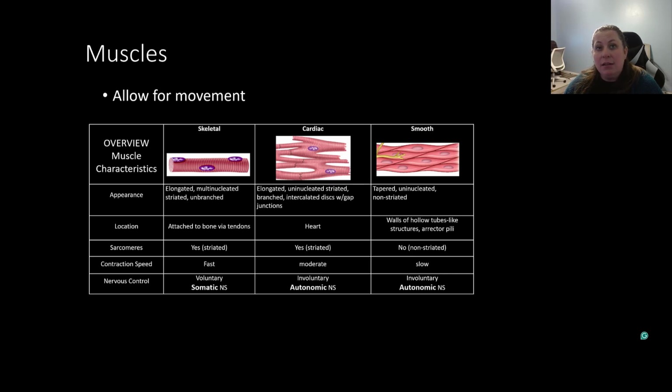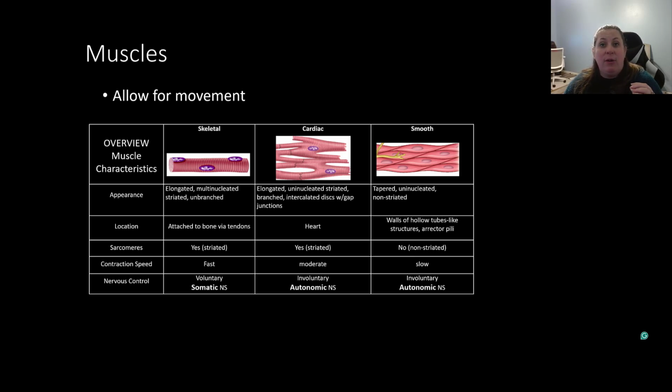Cardiac muscle, on the other hand, is also elongated, but cardiac muscle is going to be found in the heart. You'll notice in this case they are also striped, but they're branched. See how there's spaces in between the cells? This is so they can talk through gap junctions, and so your heart can coordinate movement properly. These guys do have a moderate contraction speed, even though they can beat really fast. It's moderate. This allows them to not get where they cramp.